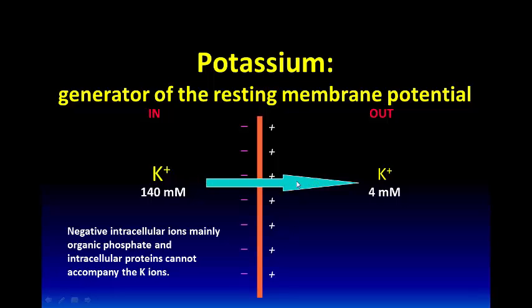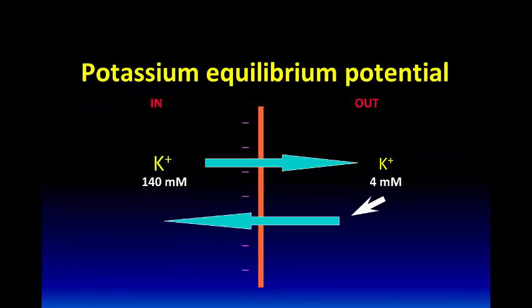And as they diffuse, positive charges accumulate on the outer surface of the membrane and negative charges accumulate on the inner surface of the membrane, and again a voltage or a potential difference develops between the inner surface and the outer surface of the membrane, with the inner surface negatively charged. After some time, the negativity of the inner surface of the membrane attracts potassium ions back into the cell.